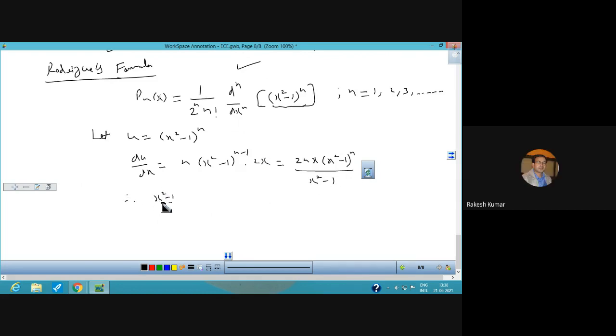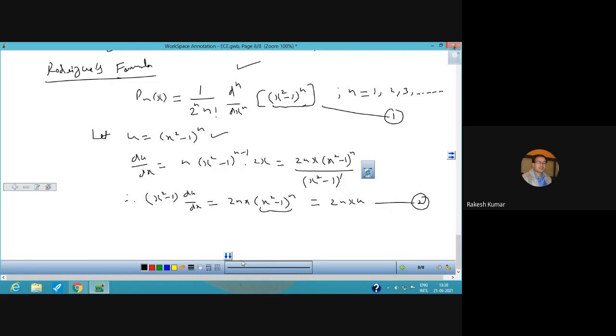In the next step, multiply the denominator with this differential, cross multiply, and you are left with this. Now 2nx times this term, and that is 2nxu, because this value is named as the u function. Now name it as equation number 1 and equation number 2.